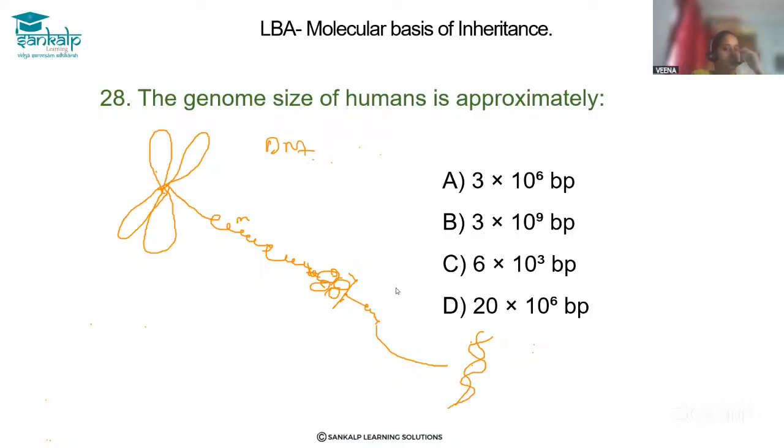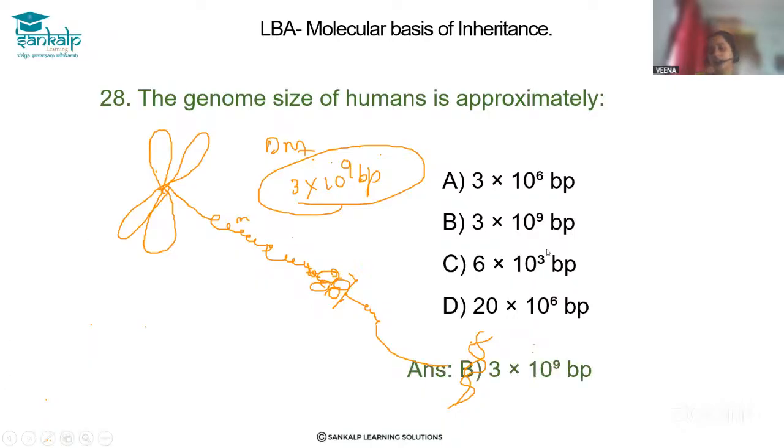This is what we call the human genome. It has approximately 3 into 10 raised to 9 base pairs. This is the approximate size of the human genome. So the correct answer is option B, 3 into 10 raised to 9 bases are present in the human genome. Thank you.